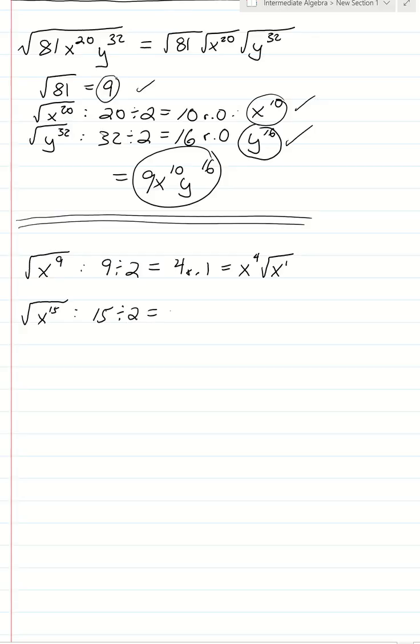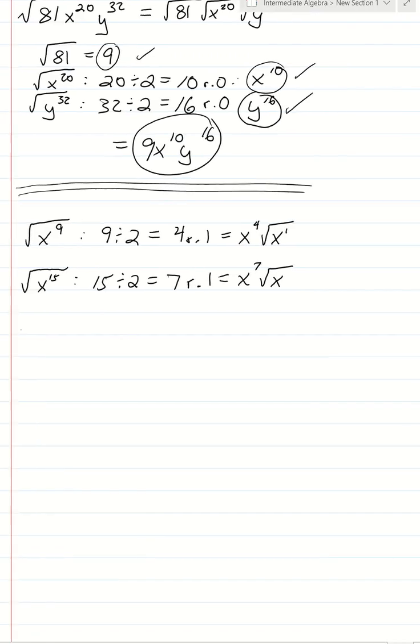Since 15 divided by 2 goes 7 times, remainder 1, we're going to have an x to the 7th power and a leftover square root of x under the radical. This 7 is the exponent outside, and the 1 is the understood exponent here. And this would be your simplified answer.